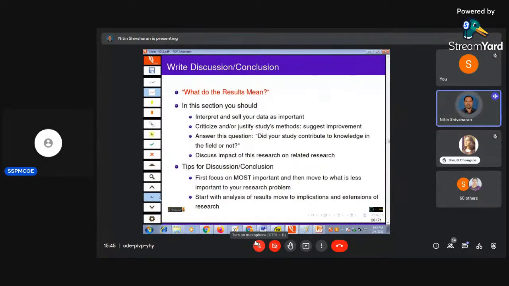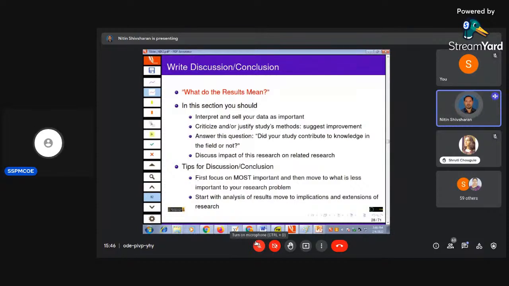Based on what you have obtained, we are going to draw conclusions, interpret the data and its meaning, and criticize whether you have done better than the previous work. What you have achieved and what you were unable to achieve, all these things we can include in this section.